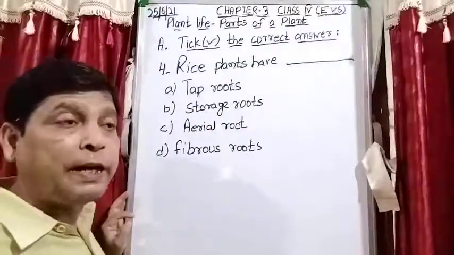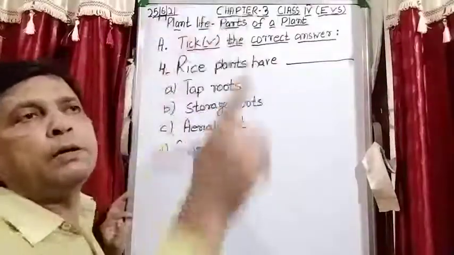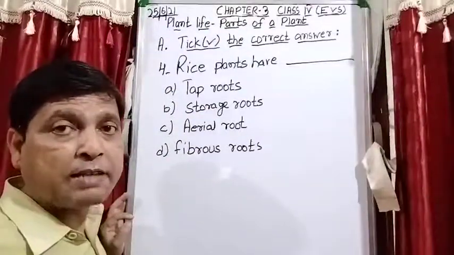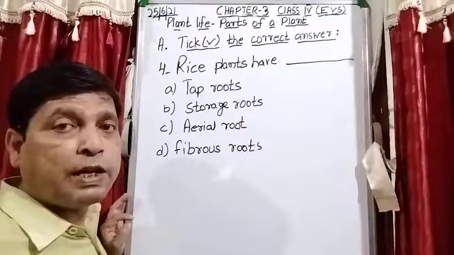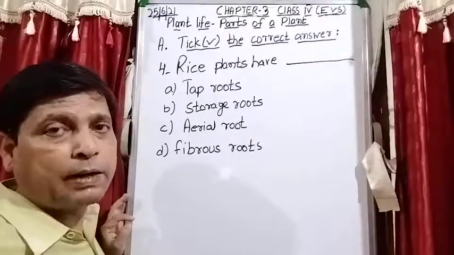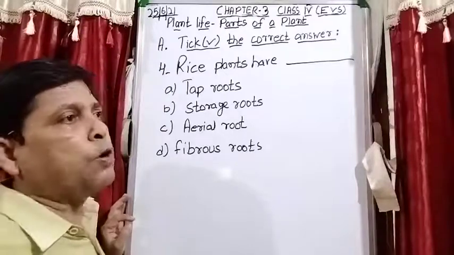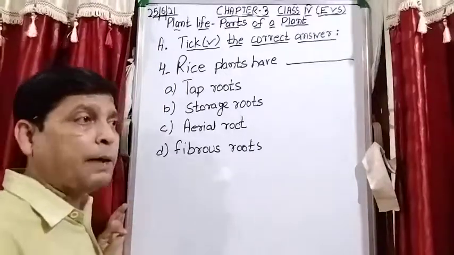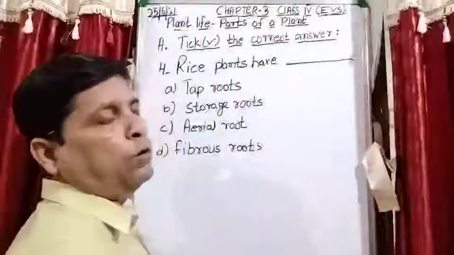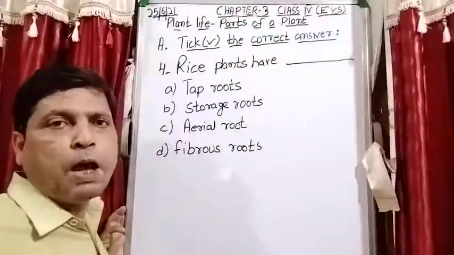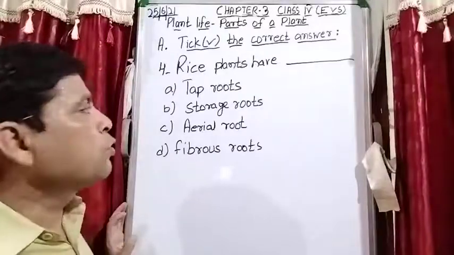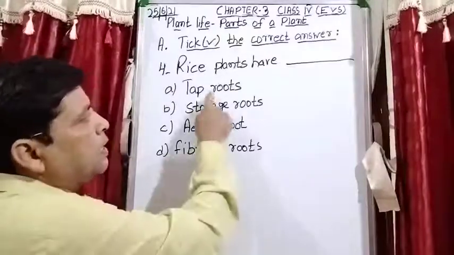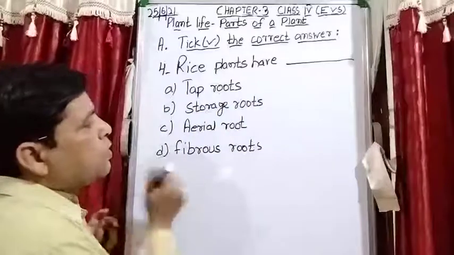Tap root is found in tall and big plants, that is known as trees, because in taproot there is a main root which goes very deep, and from this main root many branch roots come out. So taproot is not a right answer.